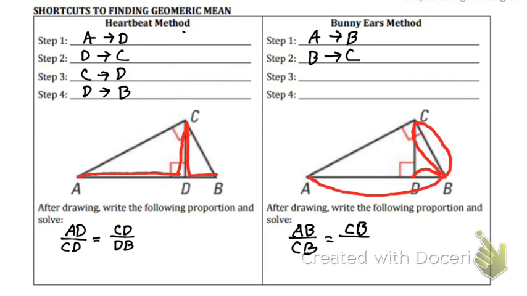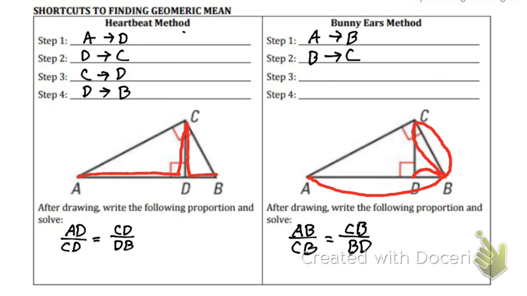So it kind of ends that nice bunny ears that we could have, but it's almost bunny ears, right? We got one bunny here, we got part of one here. That's why I said you have to stretch your imagination. That is part of your two bunny ears. So that is AB over CB equals CB over BD. Once again, the CBs are both the same because we're using that geometric mean.